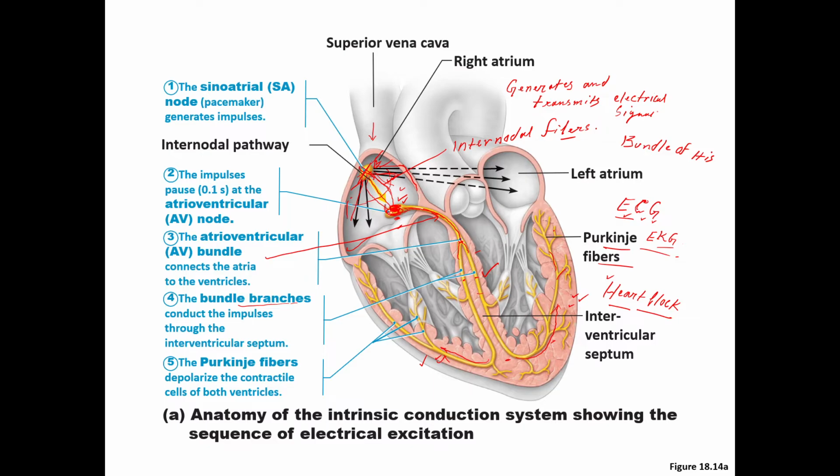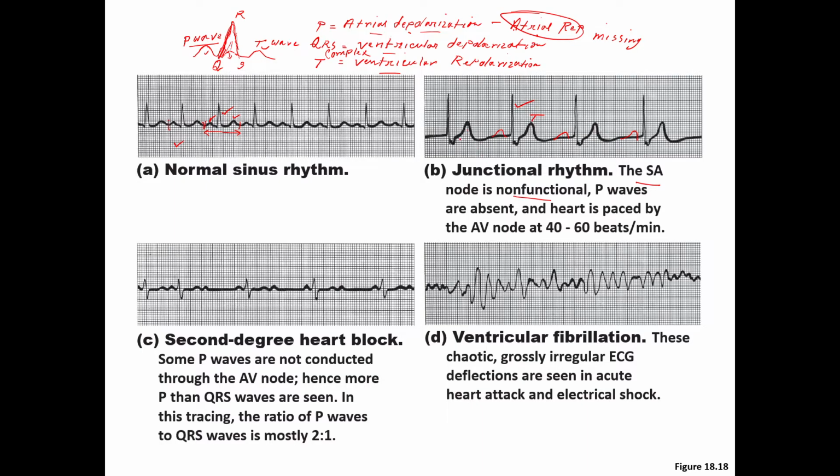Here you see the P wave is absent, that means atrial contraction is missing, and the interval here will be longer because the heart rate is slower. At a rate of 40 to 60, that means average 50, which is the rate of the AV node.